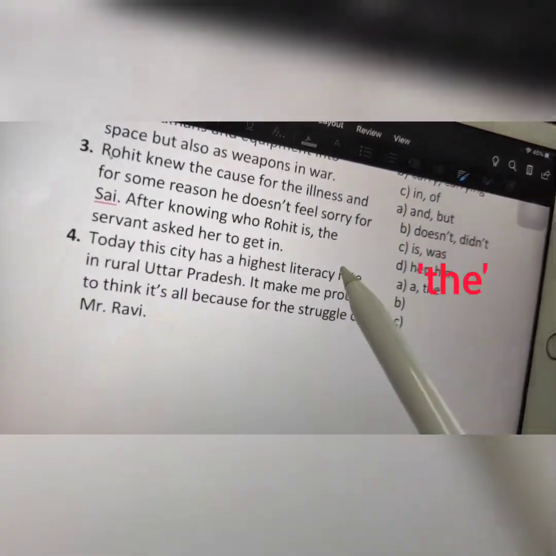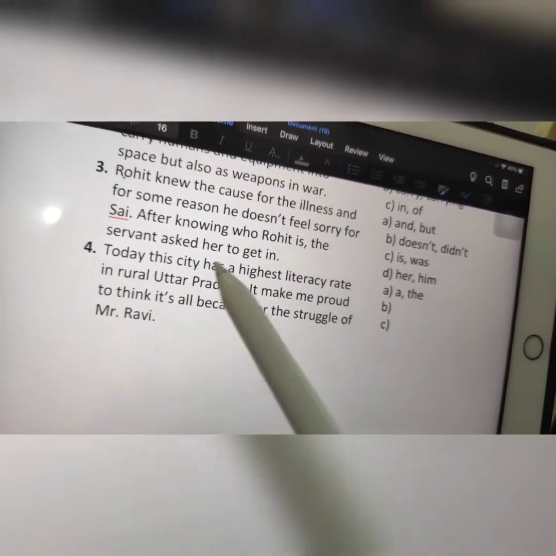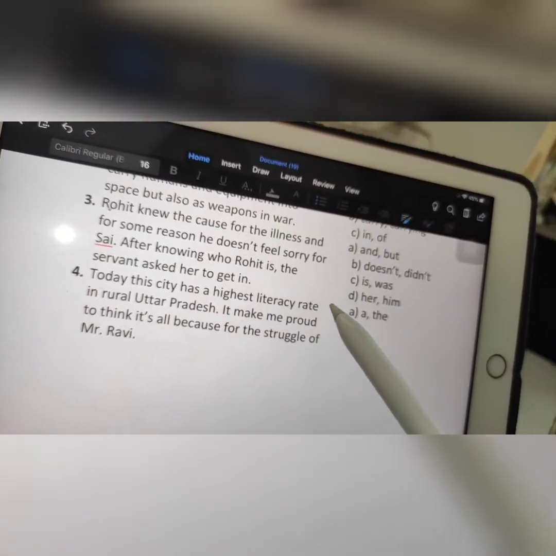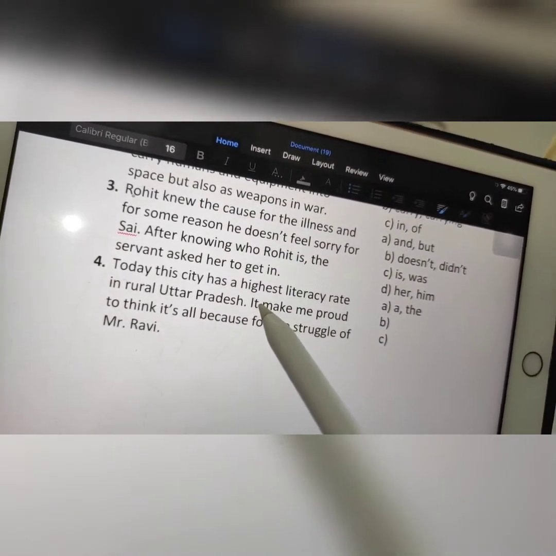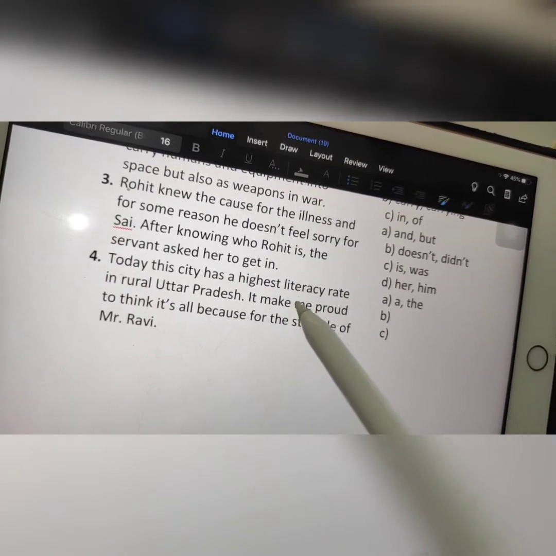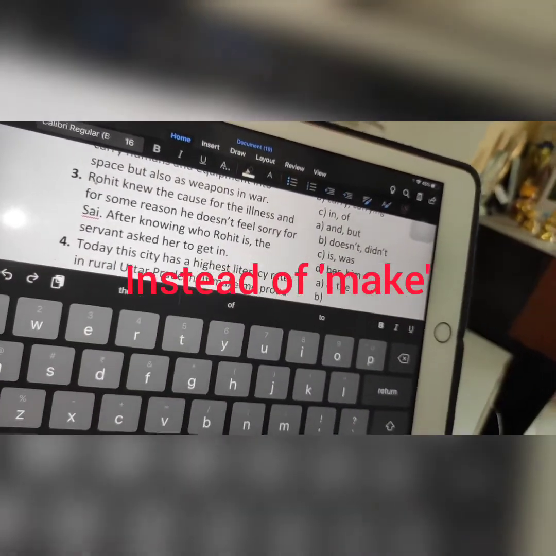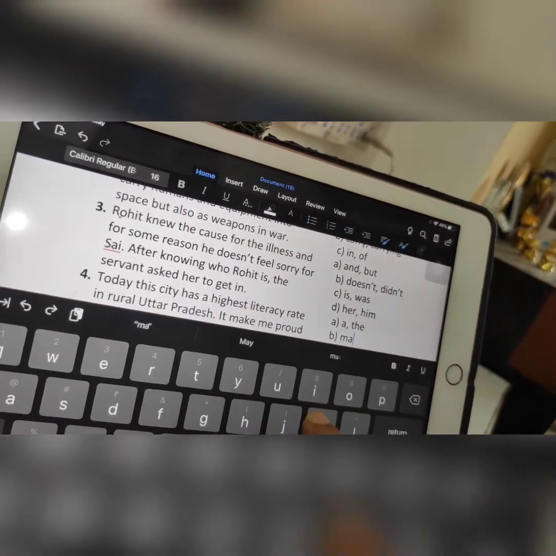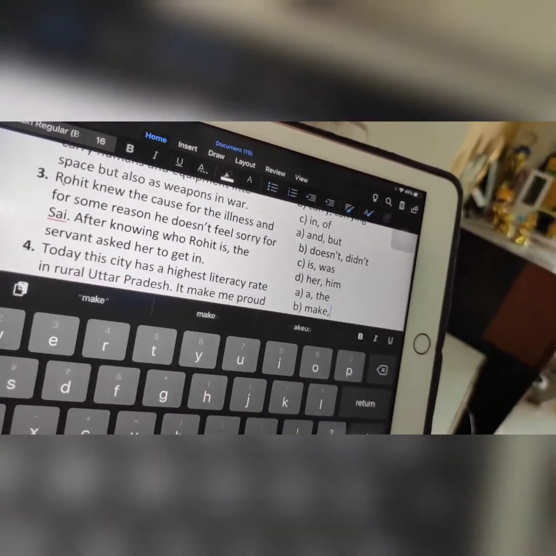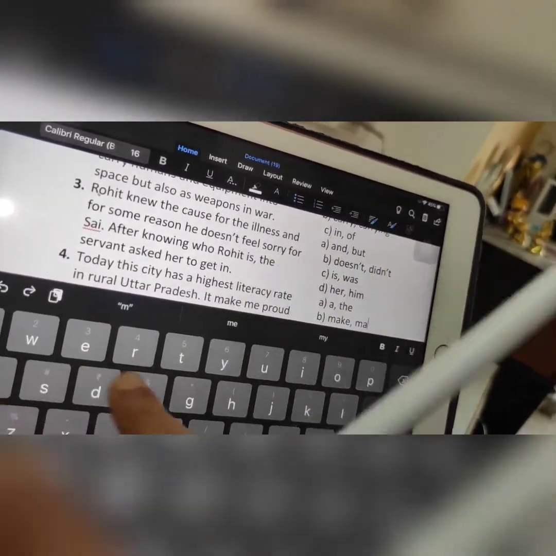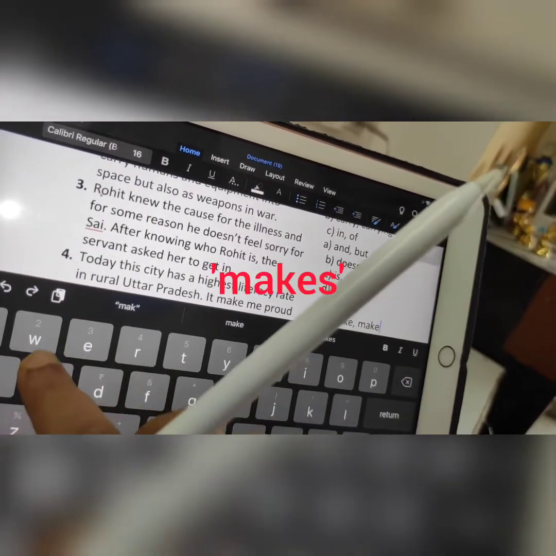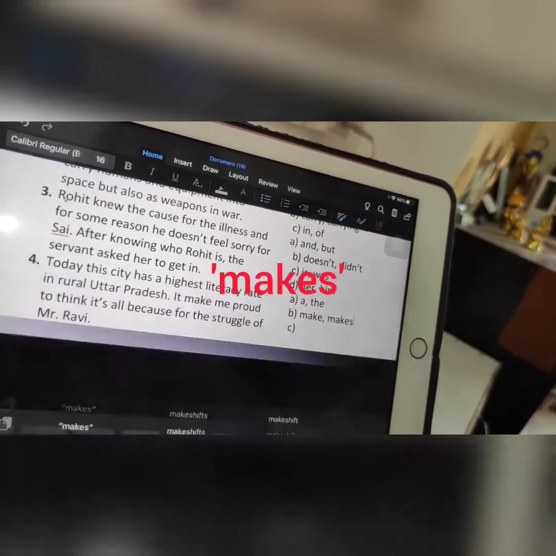Now moving to the next line. In rural Uttar Pradesh, it make me proud. Now again with it, in present tense we write makes instead of make. So the second error is make and the correct word is makes.